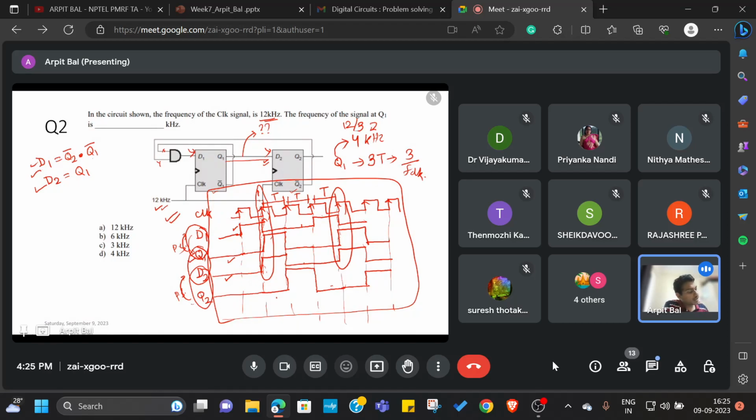We observe that Q1 repeats itself after 3T clock, that is 3 by f clock, which means the frequency gets divided by 3. The original frequency of the clock was given to be 12 kilohertz, so the frequency of Q1 becomes 12 by 3, that is 4 kilohertz. Option D.